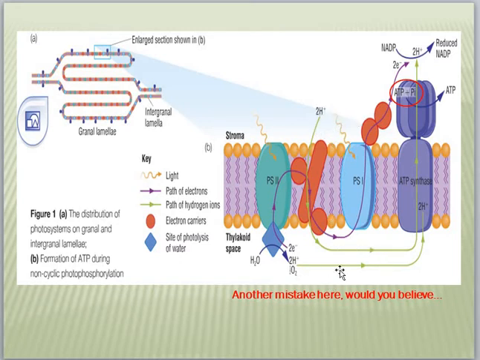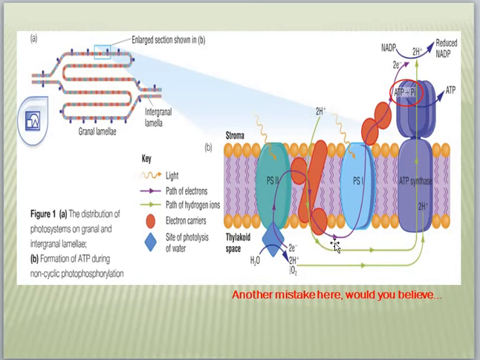So when this builds up here, you get a massive gradient of protons, much higher on this side and much lower on this side. There is also a bit of an electrochemical gradient because you've got lots of pluses here and not so much on this side. You've also got a big pH gradient because H pluses contribute to lowering the pH and making the place acidic.